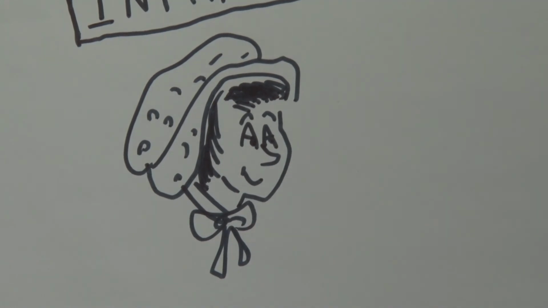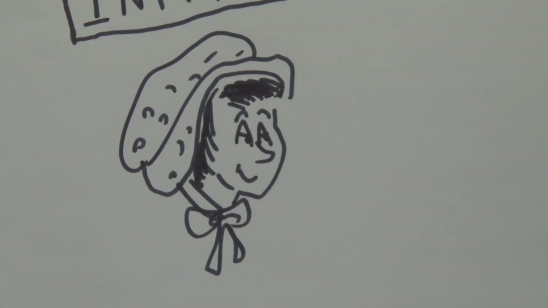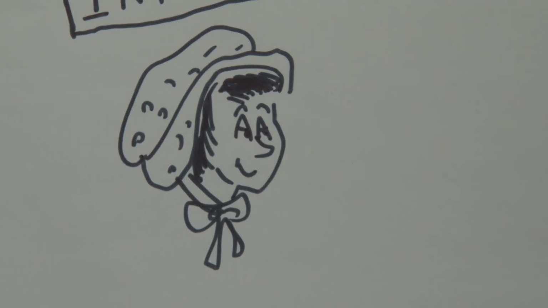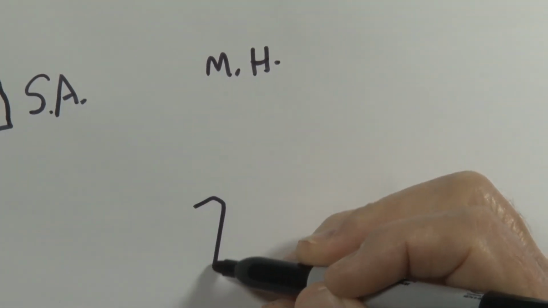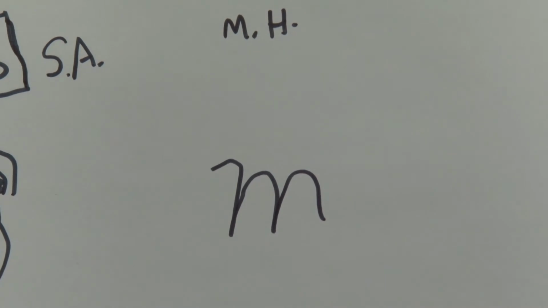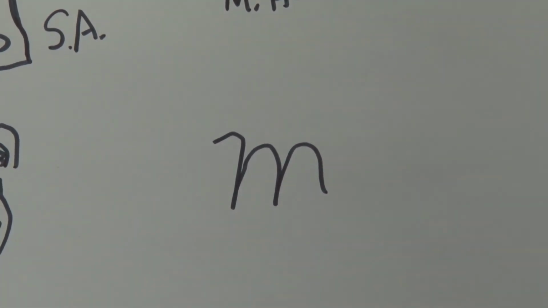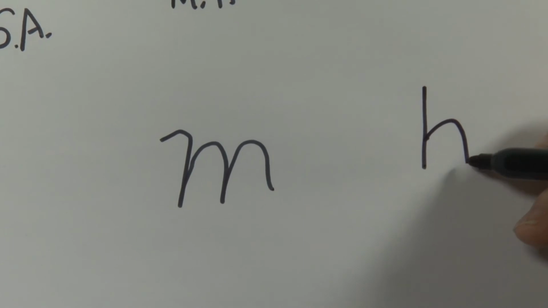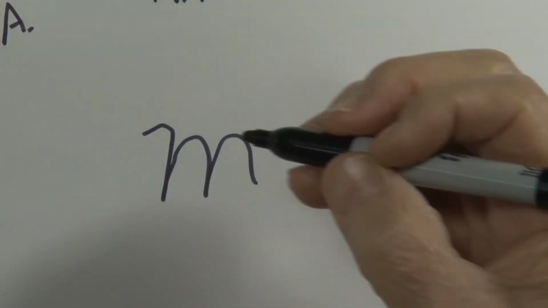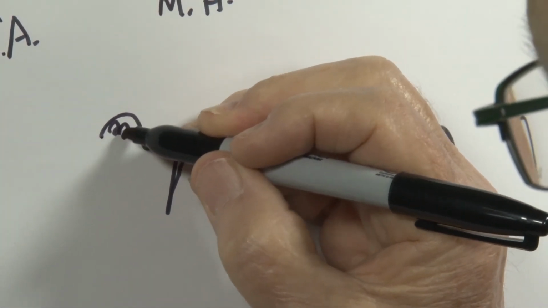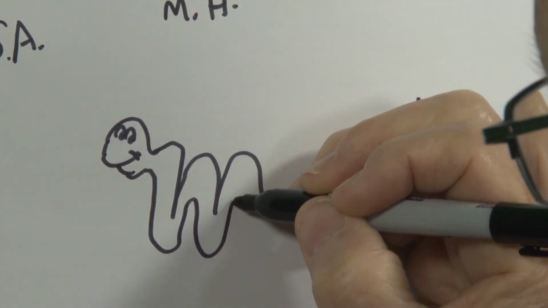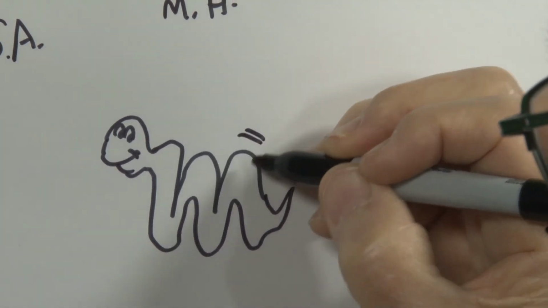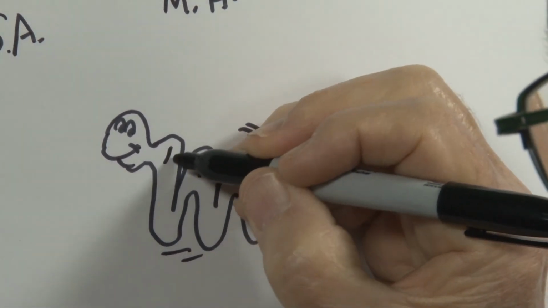The next initial on my list is the first of the students' initials. It's M.H. Well, I'm going to do a cursive M here and a lowercase h behind it. Well, what have we here but a happy-looking snake or a very large worm moving along at apparently a pretty fast clip.